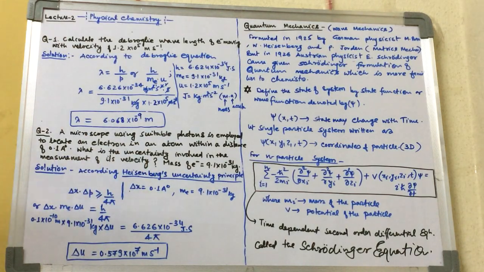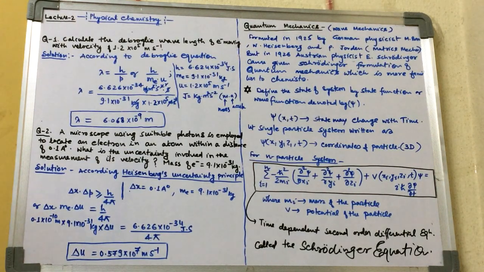Here it is asking for the uncertainty involved in the measurement of its velocity. Uncertainty is denoted by delta u, or delta x or delta p.